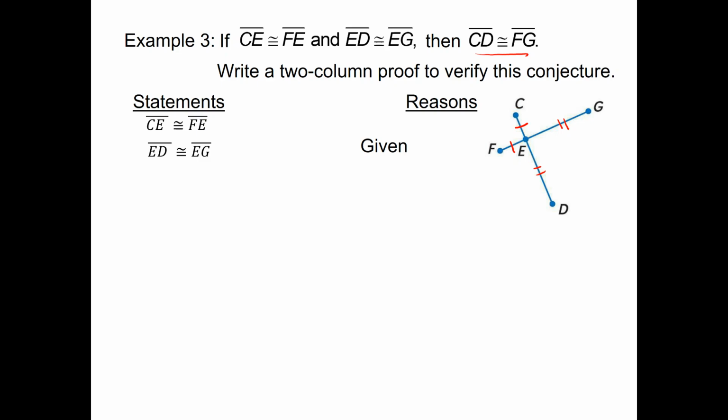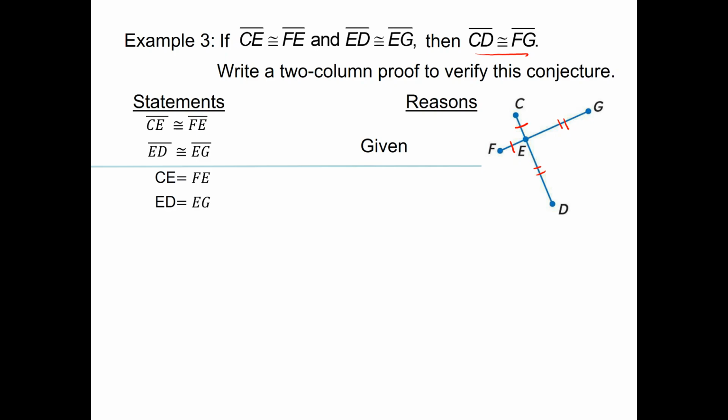It makes sense to me that I'm going to have to use my angle addition postulate to show that these two added together equals FG and that CE and ED added together equals CD. So I'm probably going to have to use my angle addition postulate, and then I'm going to have to do some substituting to show that CE and FE are congruent, and somehow make that whole thing in the end show that CD is congruent to FG. All right, so let's see where we go from there.